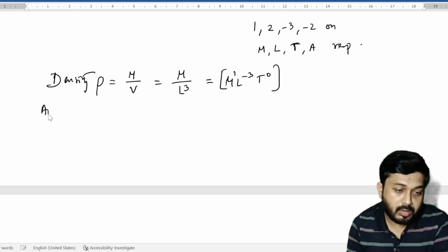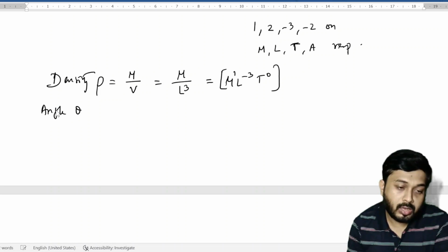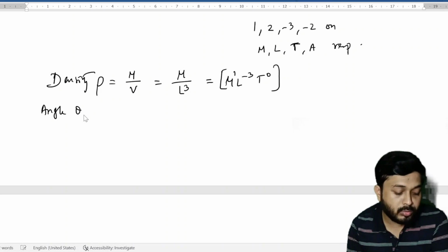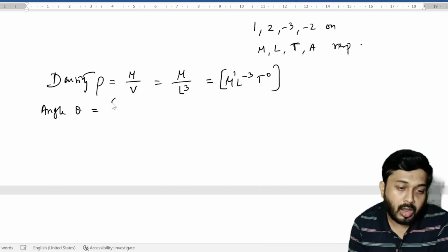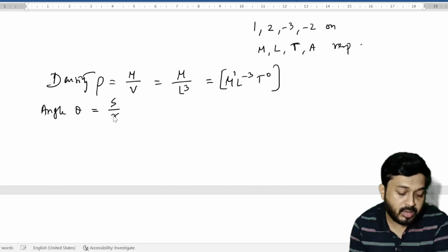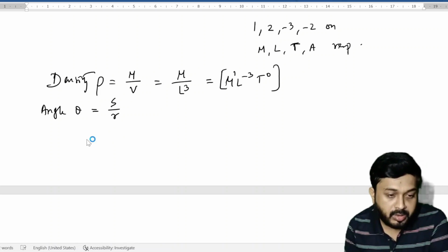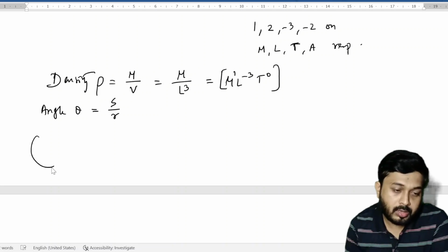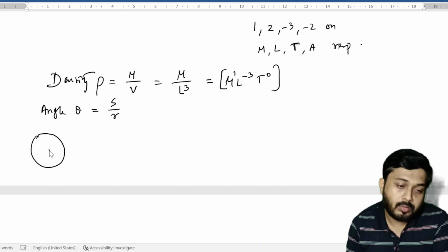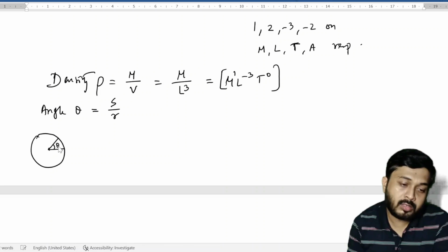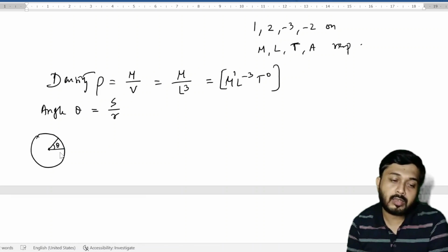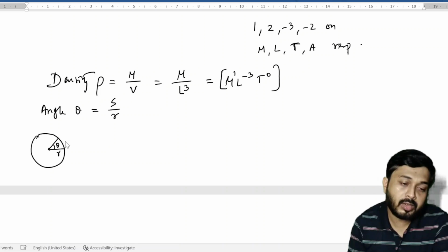After that is angle. Angle or theta. Angle theta is actually arc by the radius, S by R. Angle equal to arc by radius. Okay, for a circle, angle theta which is subtended at its center is actually arc by radius.